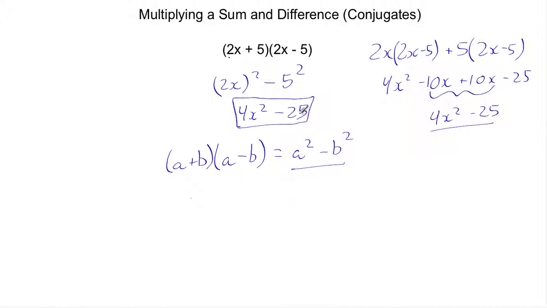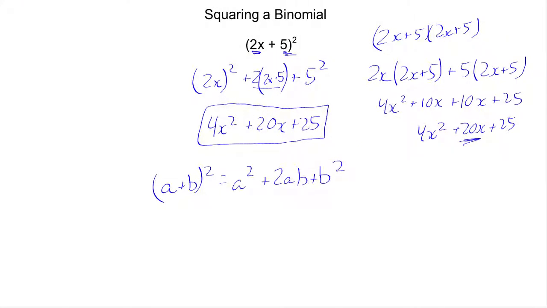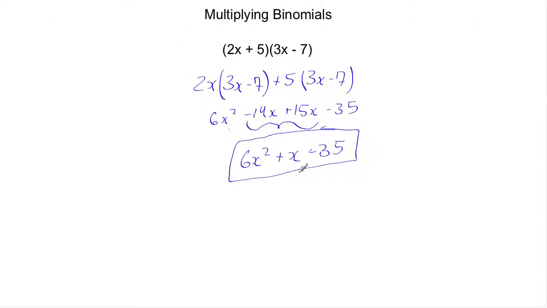So again, a nice little helpful shortcut where if you see this, you can easily and quickly find the product as opposed to working it out and possibly making a mistake. But if you don't like that or squaring a binomial, you can always take the longer method and just distribute this binomial into the other binomial to multiply.